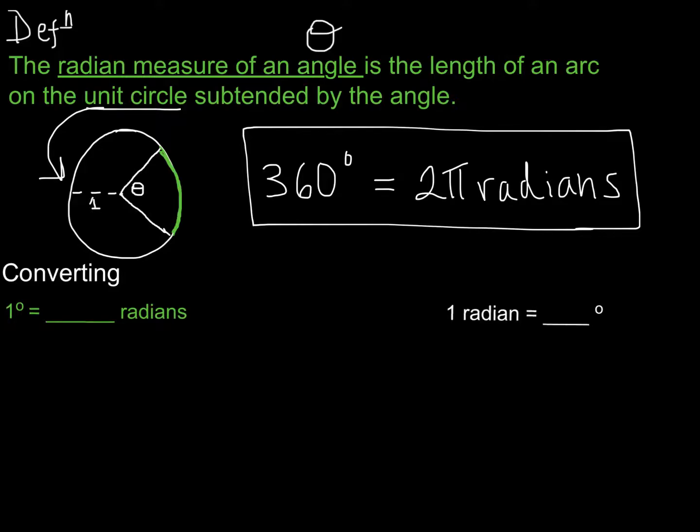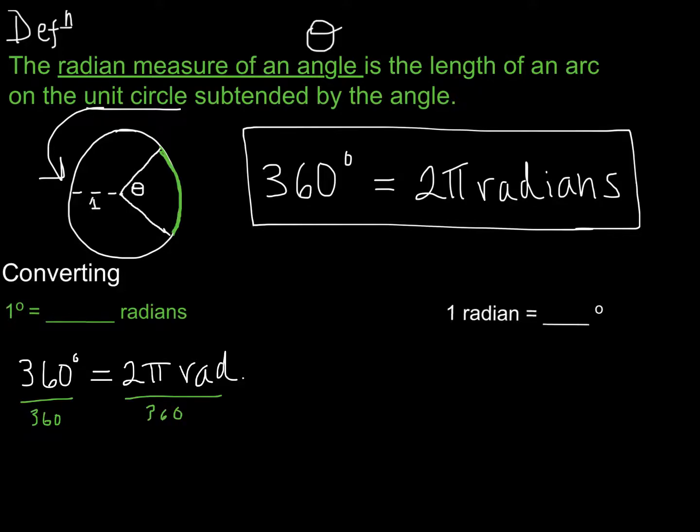All right, I hope that went well. What you can notice here is that you can just use this fact that 360 degrees is equal to 2 pi radians. And so if I want to know what 1 degree is in terms of radians, I can divide by 360 on both sides.